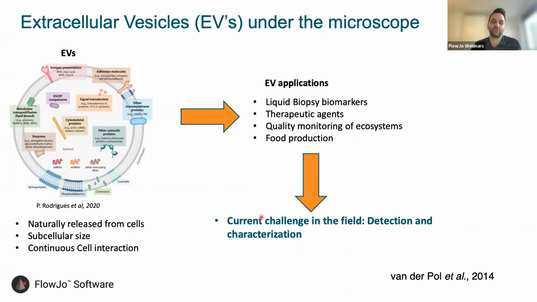It always has to do with data, and more specifically with their characterization due to their subcellular size. Many different protocols and methodologies have been developed for their characterization, like nanoparticle tracking analysis, electron microscopy, and as we're going to be talking about today, also flow cytometry.